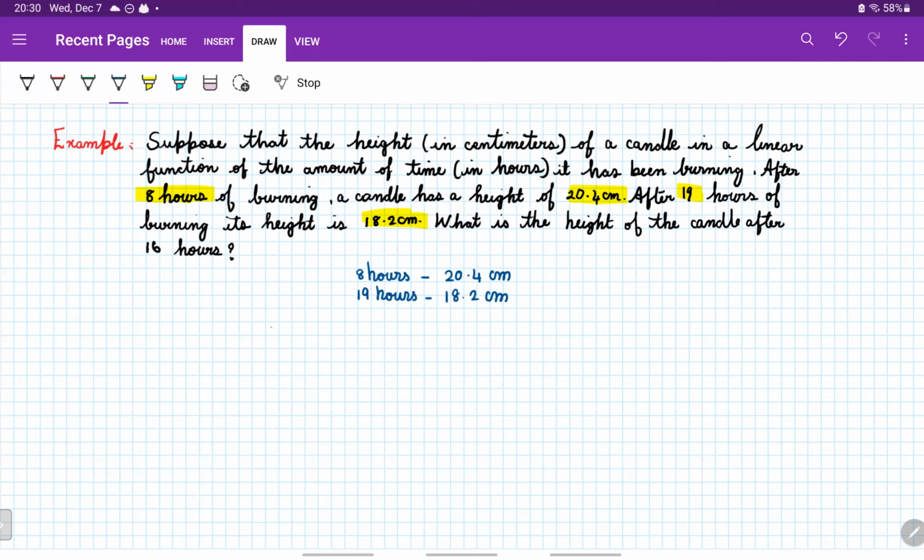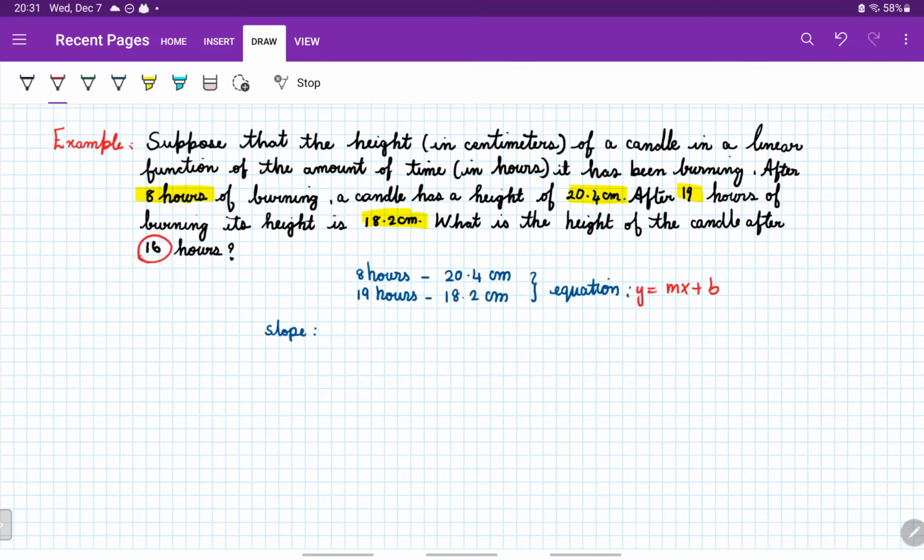We first begin by finding the slope, right? So we want to first find our linear equation, which is of the form y equals mx plus b. And then we can plug in 16 as our x value and get our y value.